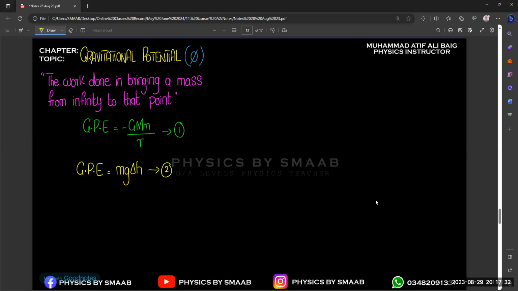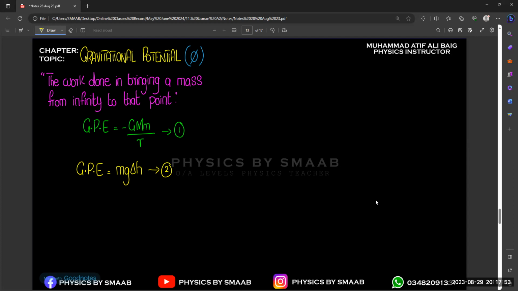This is the basic formula that we discuss in the concept of potential energy. In potential energy, we are talking about height or position, but this time we are working with planets. The planets have different dimensions and different dynamics, so we need to discuss according to their properties, right?